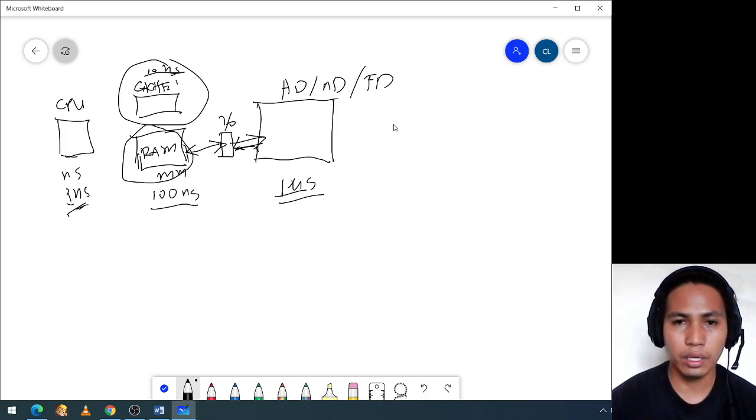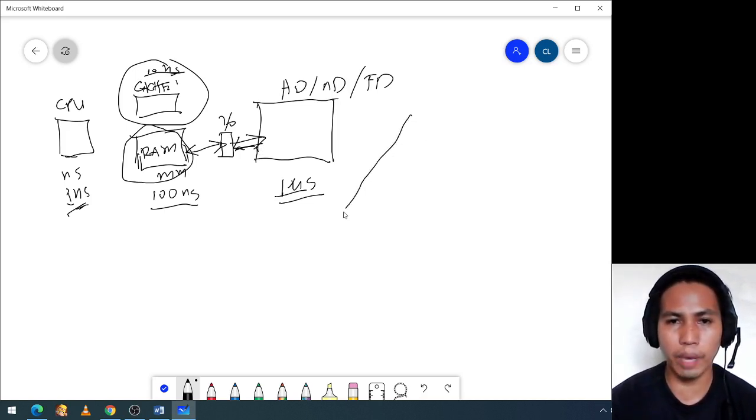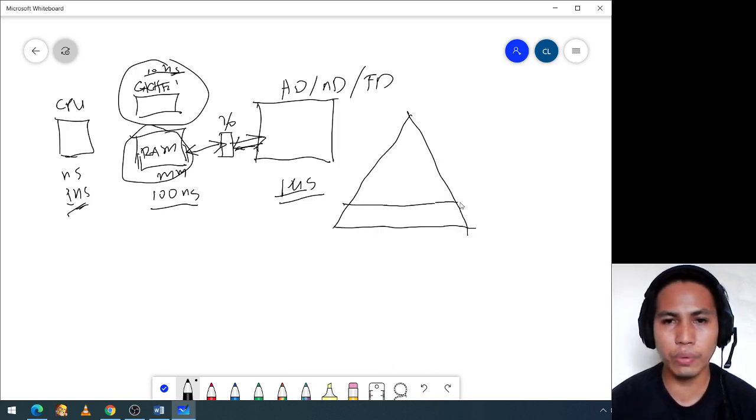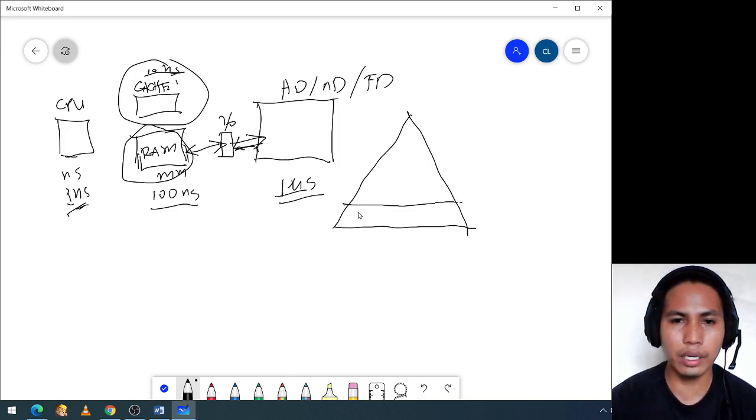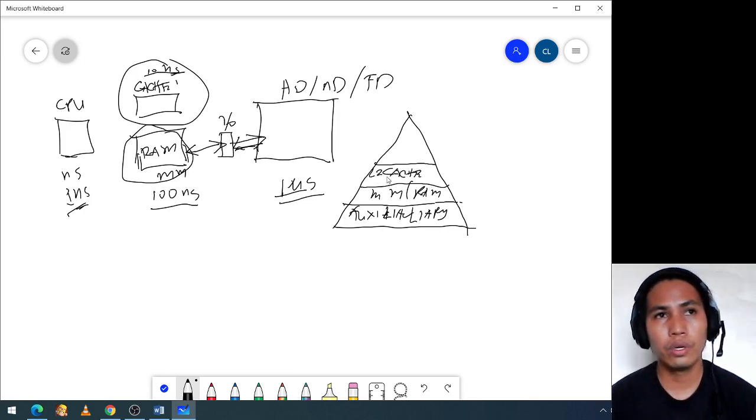of memory. So, just to give you an idea about the hierarchy of memory po natin, of course, ang nasa baba po natin is the auxiliary memory. Then, we have the main memory or RAM. Then, of course, we have cache and then level 2 cache because we have two levels of cache.